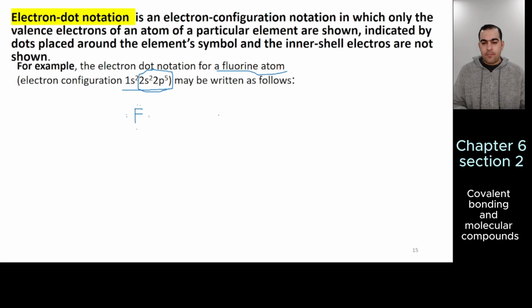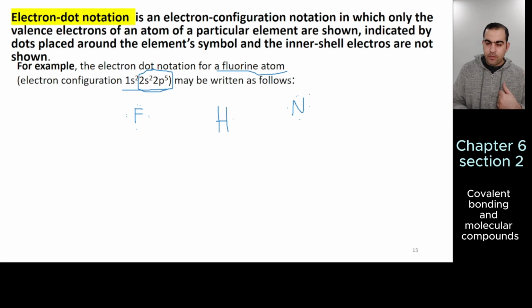For example, hydrogen. Hydrogen is in group 1. It has 1 valence electron. We place 1 dot around this symbol. Nitrogen is in group 15. It has 5: 1, 2, 3, 4. For nitrogen, try to put the pair of dots on the top.